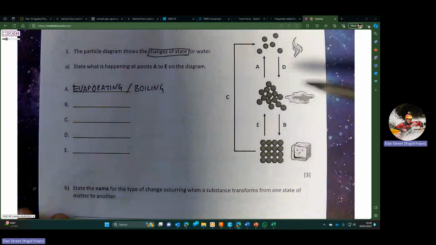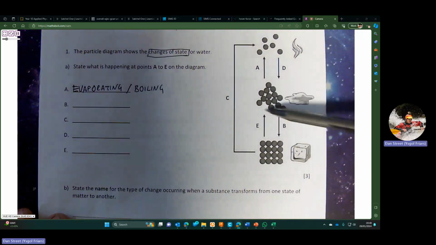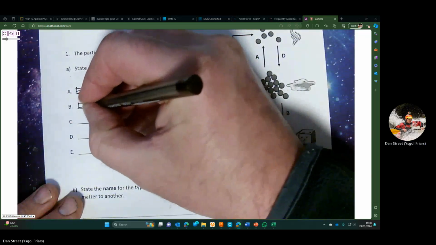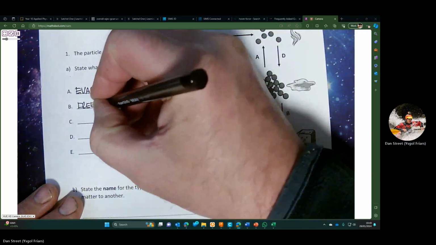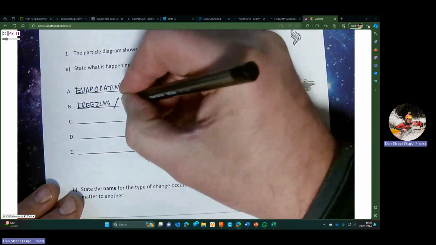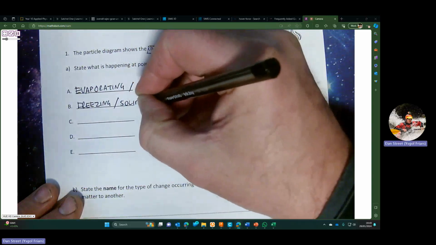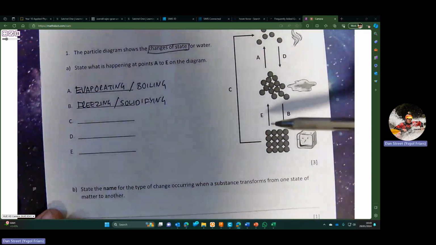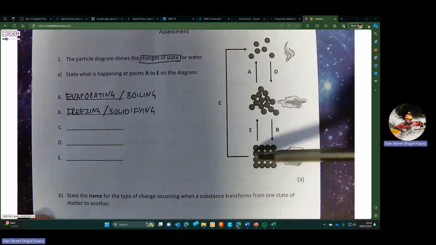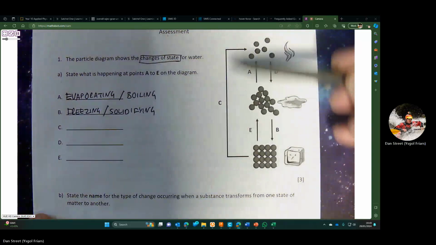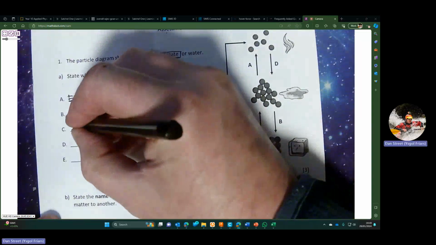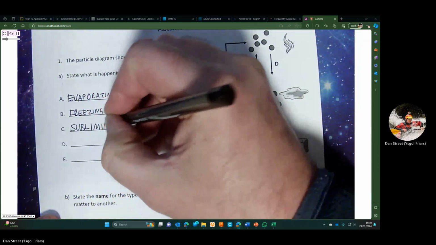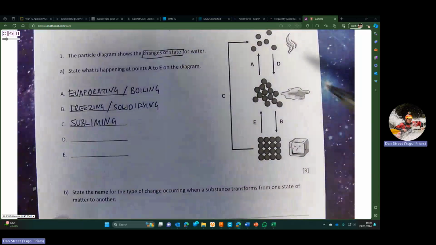Now change of state B, this one here, is from a liquid to a solid, and that one would be freezing, or possibly solidifying. Change of state C, which was the most difficult one, was from a solid to a gas, and we would call that subliming or sublimation.